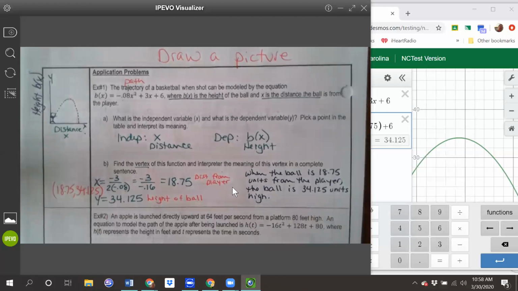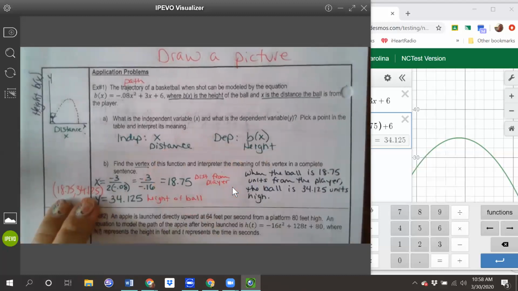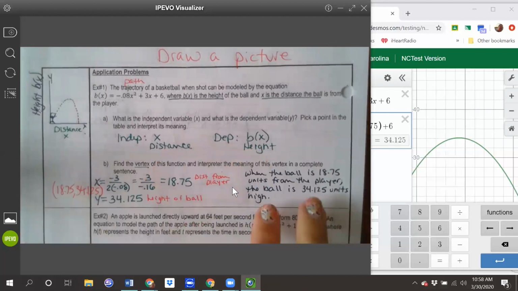But that is your complete sentence. So long as I'm labeling what X and Y mean, when I get my vertex, I can transfer that into words based on what it means.